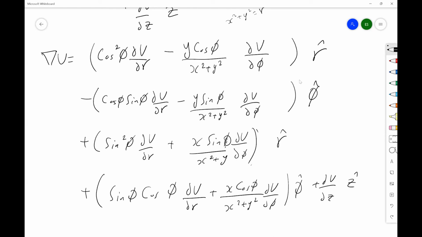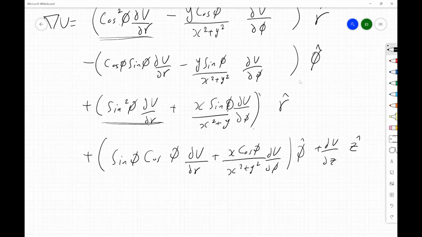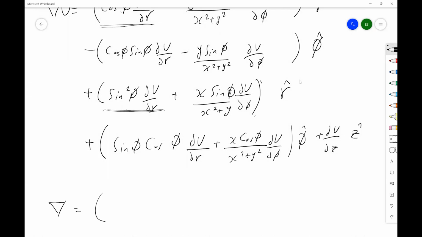All right, so we can simplify a bit. I take this and add it to this. Notice du over dr, cosine squared, sine squared. If I take du over dr out, sine squared plus cosine squared is 1. So I end up with delta u equals du over dr.